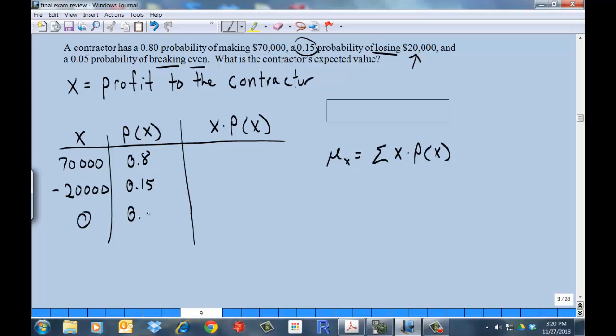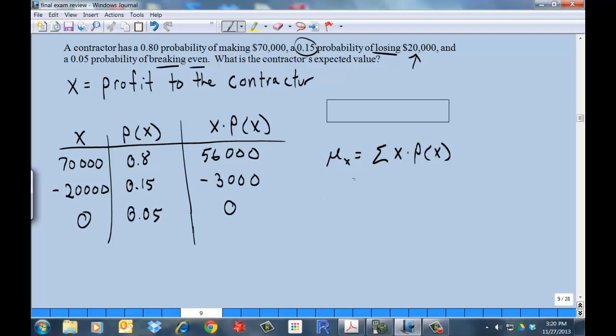Well, this is 0.05. So now all we have to do is multiply 70,000 times 0.8, and we get 56,000. And then negative 20,000 times 0.15 gives us minus 3,000. And then 0 times 0.05 is, of course, 0.